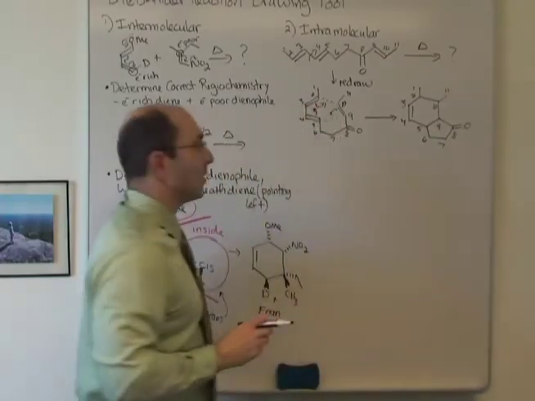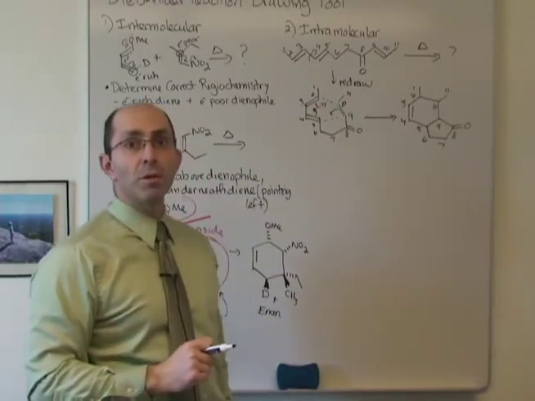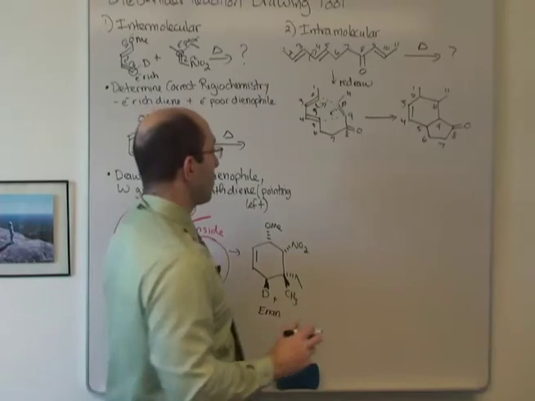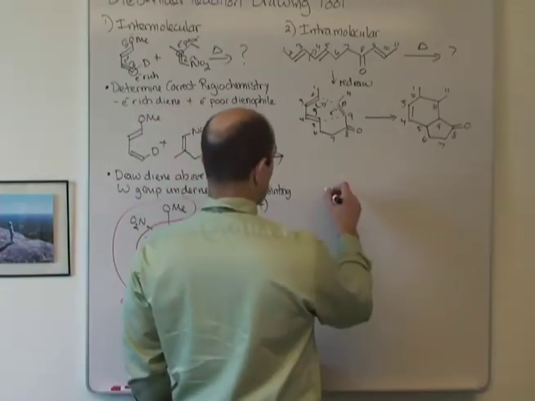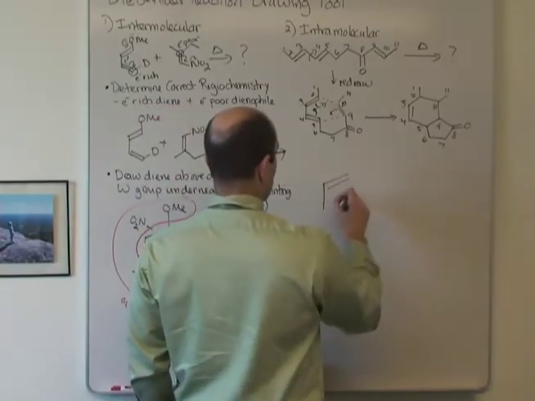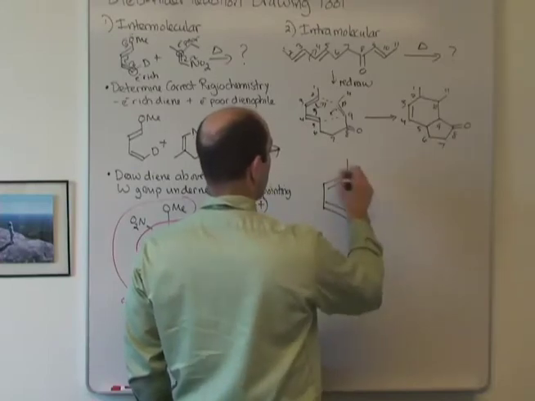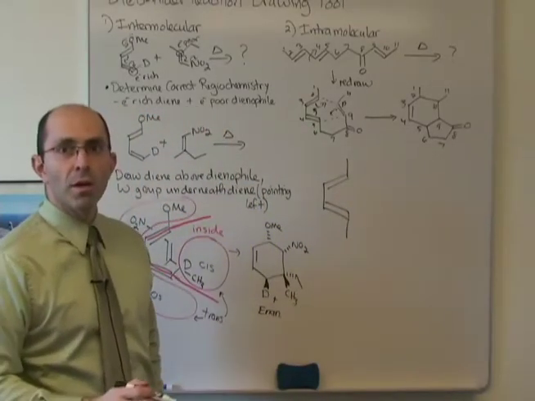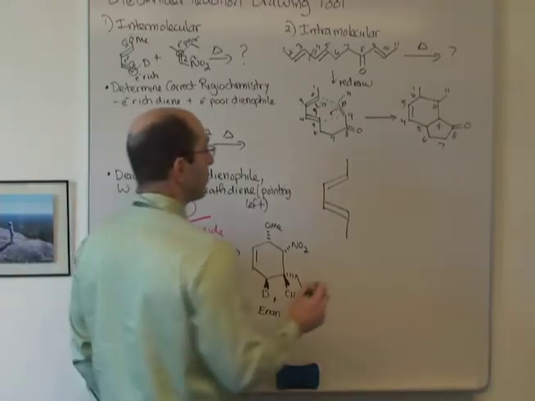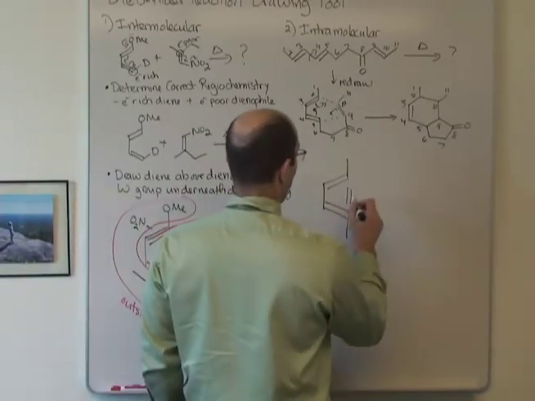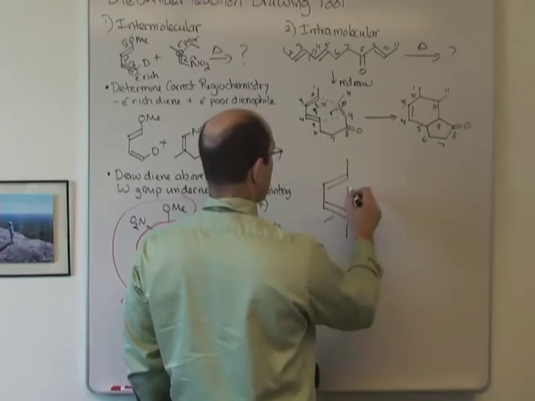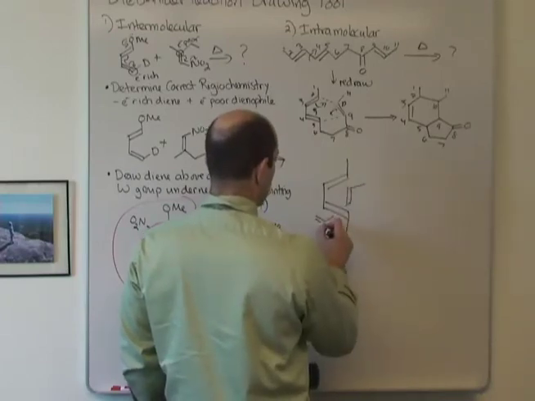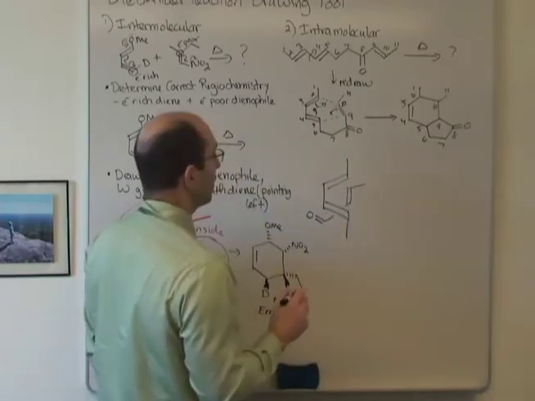Okay, and so now we want to figure out what the stereochemistry looks like for this, right? If we use the drawing tool, do the exact same thing we just did, draw the diene, open, pointing to the right, and those are the substituents coming off of the diene. Now draw the dienophile W group underneath. And then we can just connect them, right?